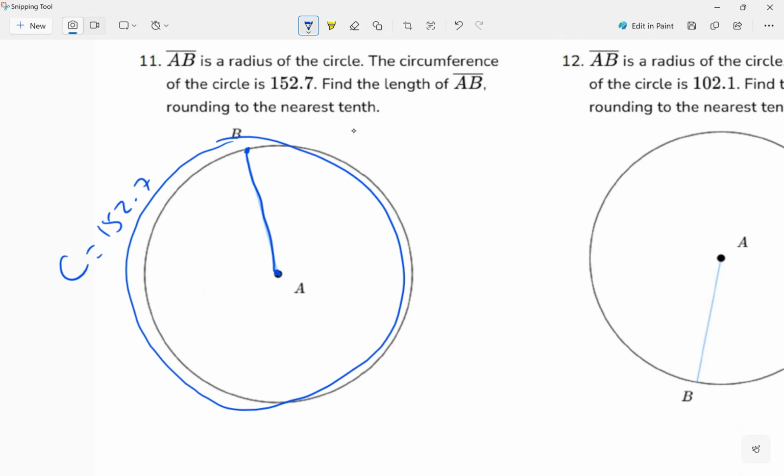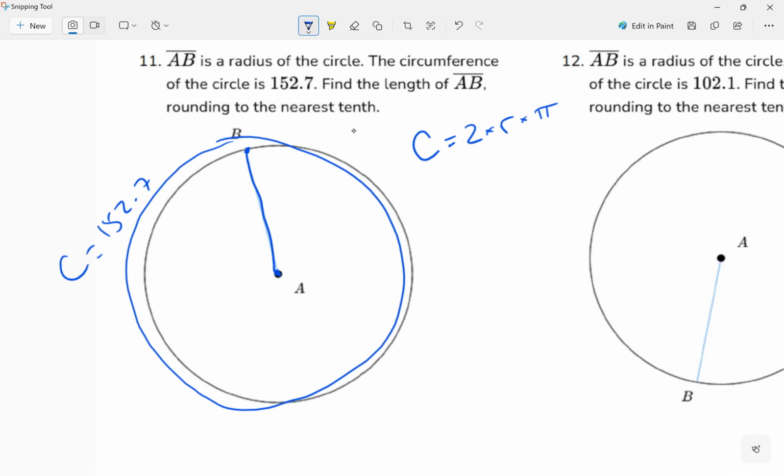Okay, now here we are specified. So we're going to go to one decimal place. Okay, so I remember my formula. Circumference is equal to 2 times the radius times pi. I'm given that circumference is 152.7.